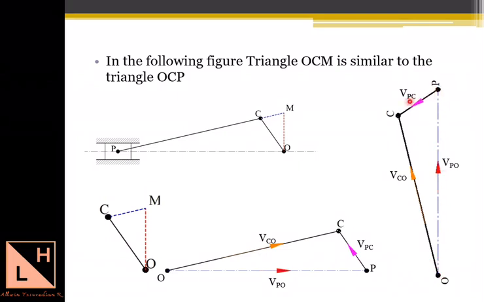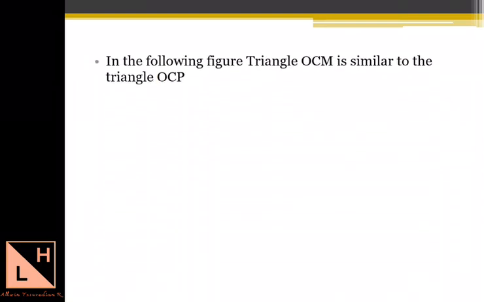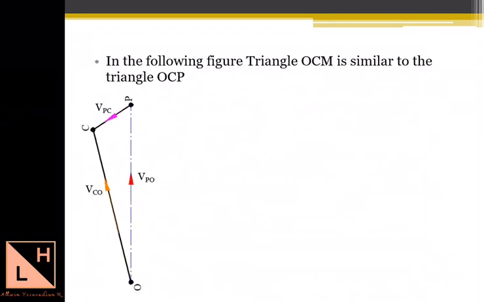when we compare the triangle OCP and OCM, we see that both triangles are similar in angle and side. In the following figure, the triangle OCM is similar to OCP as we saw in the previous slide. Once these two triangles are similar, you can see that the direction of VPC can be related to the edge CM in Klein's velocity diagram.